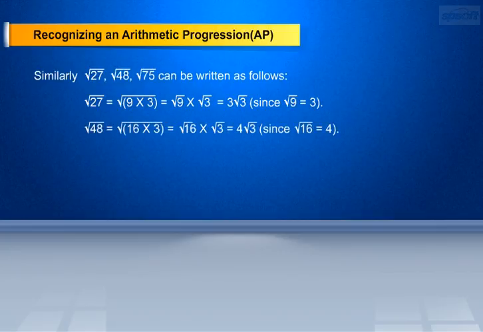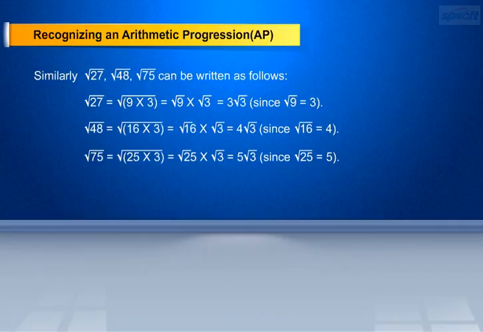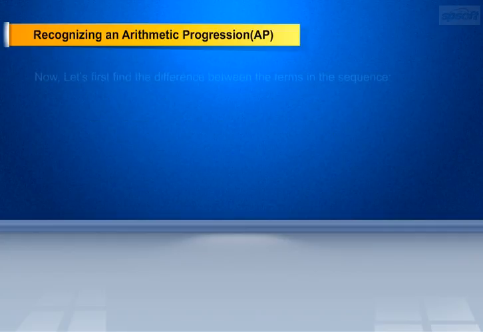Root 48 equals root 16 into 3 equals root 16 into root 3 equals 4 root 3, since root 16 equals 4. Root 75 equals root 25 into 3 equals root 25 into root 3 equals 5 root 3, since root 25 equals 5.